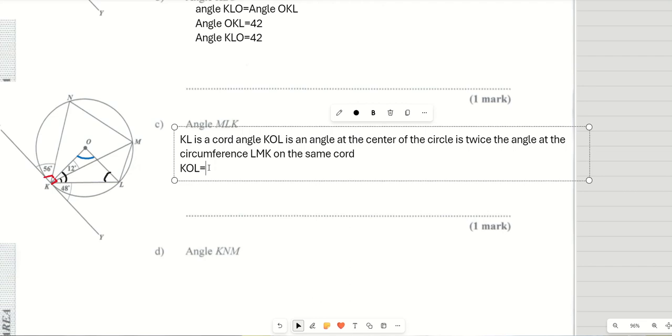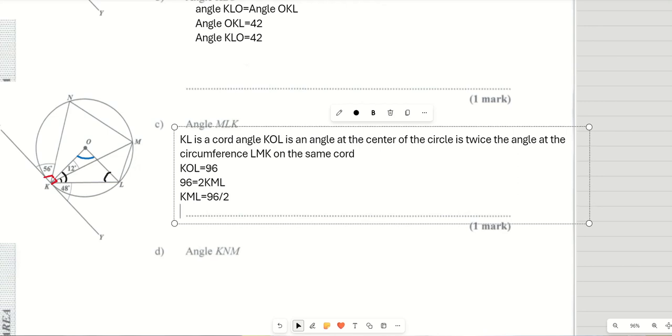Therefore, 96 is equal to 2 times KML, so KML would be equal to 96 divided by 2, which is 48.